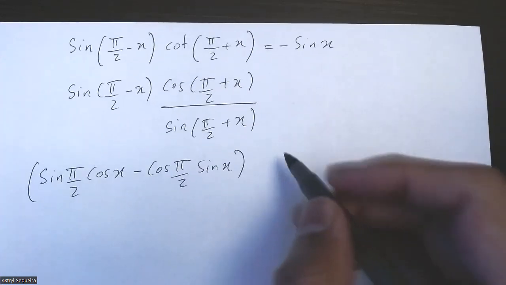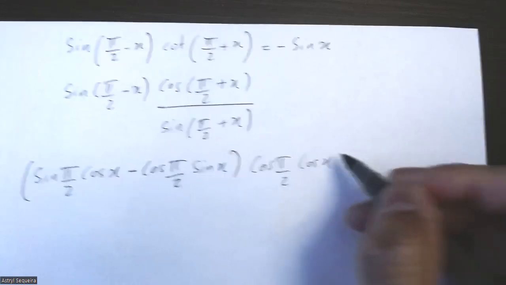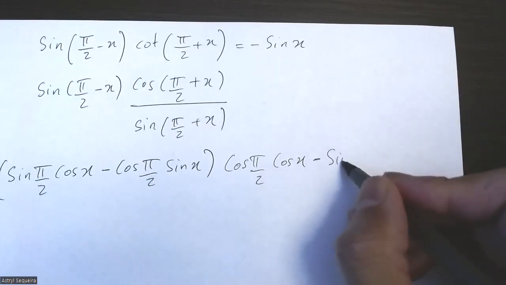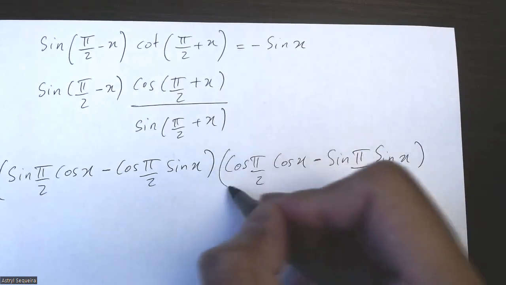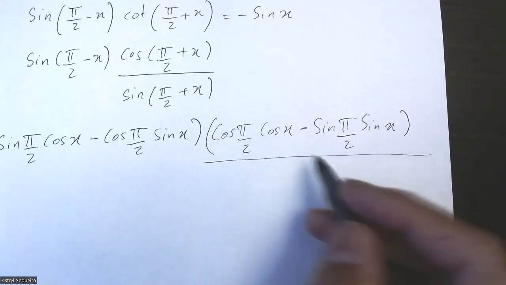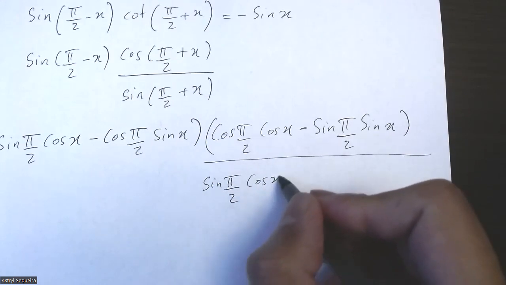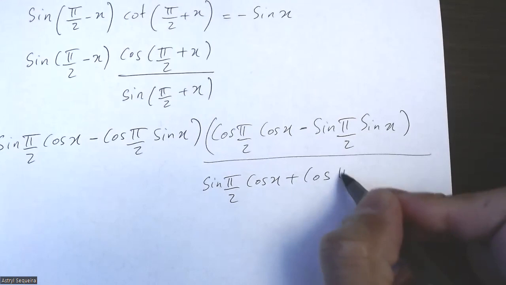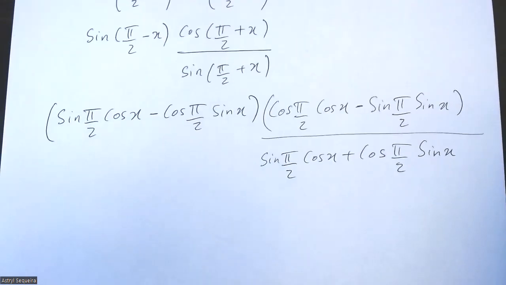Then this one's going to be cos pi over 2 cos x minus sine pi over 2 sine x, again inside a bracket. And the denominator is just sine pi over 2 cos x plus cos pi over 2 sine x.